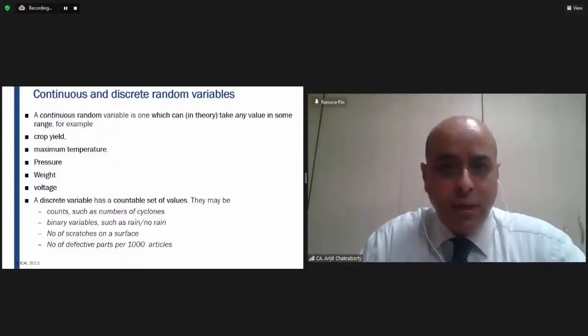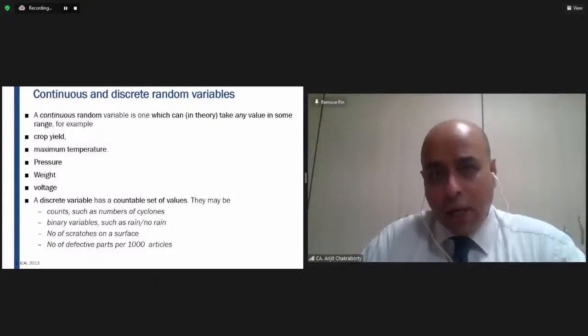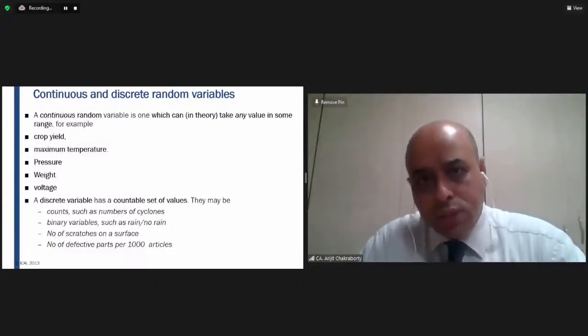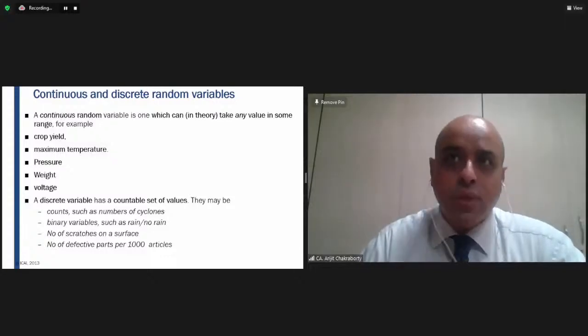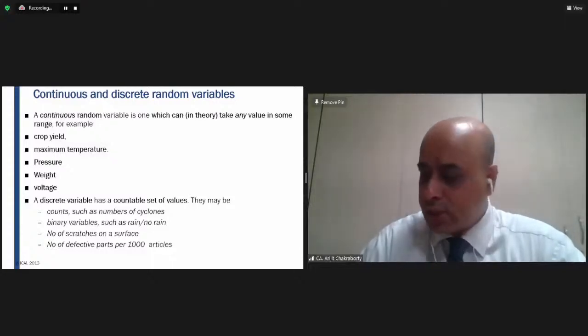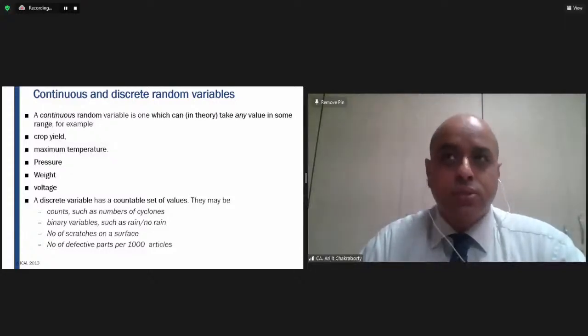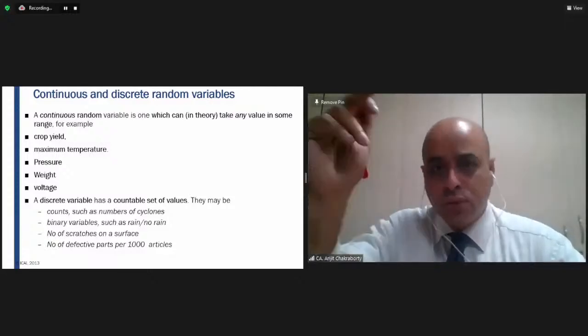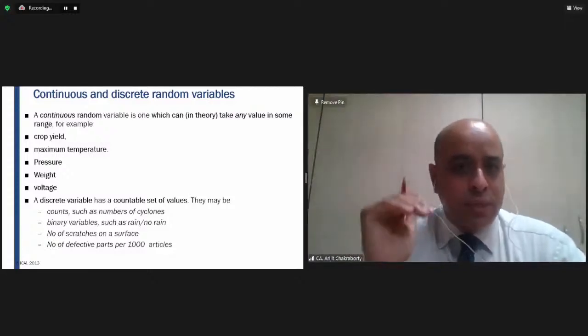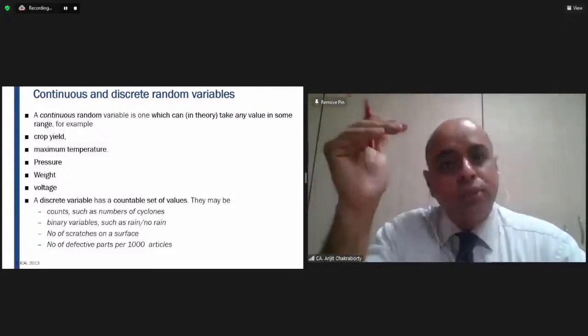If I measure the height of each student, and I know that the shortest student is 4 feet 8 inches and the tallest student is 6 feet, I've created the upper boundary and the lower boundary.